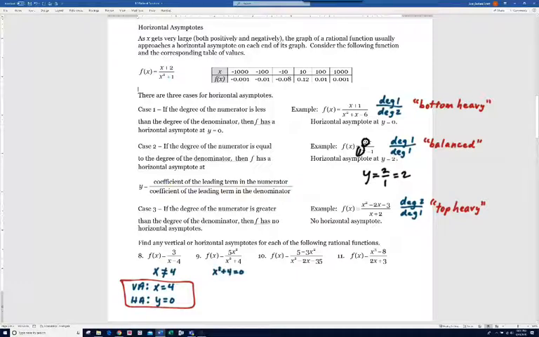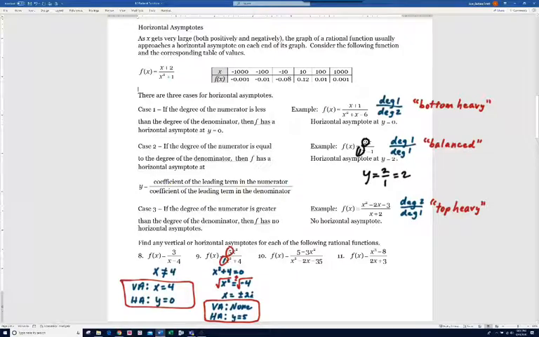This is similar to one that we did previously, where you get imaginary answers, which indicates that there are no real number restrictions on your denominator for x, and so we don't have a vertical asymptote. And as far as the three cases for horizontal asymptotes, this is the second case where we're balanced. So we'll look at the coefficients, 5 over 1, so y equals 5.